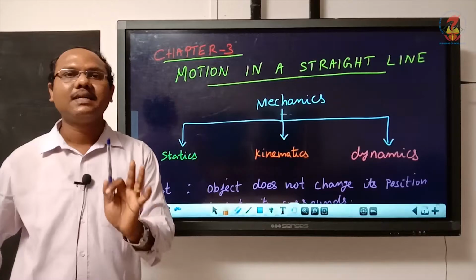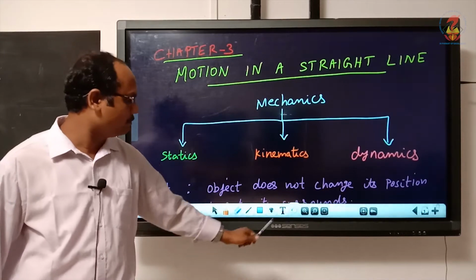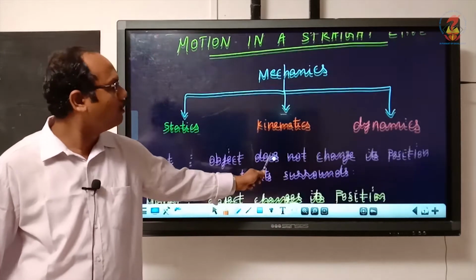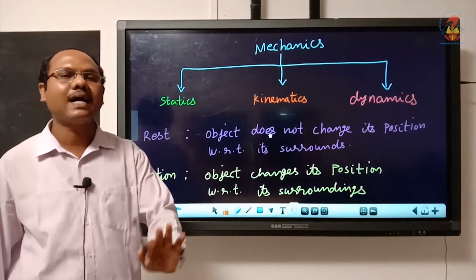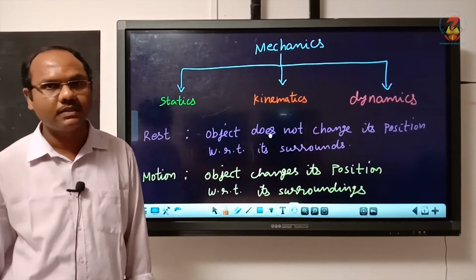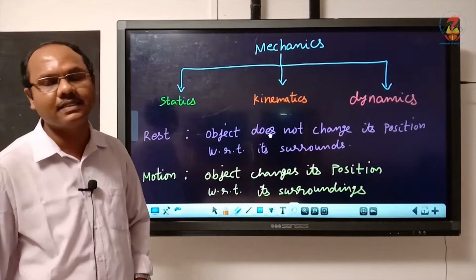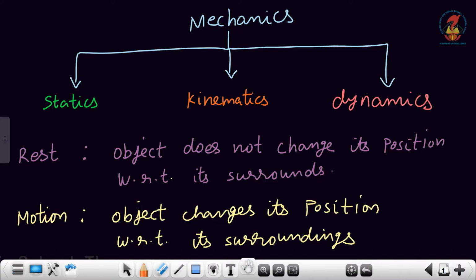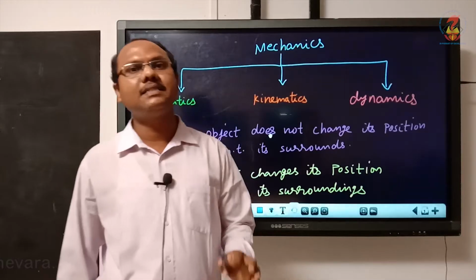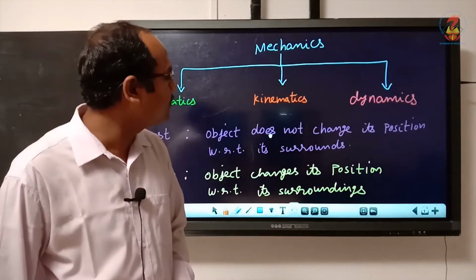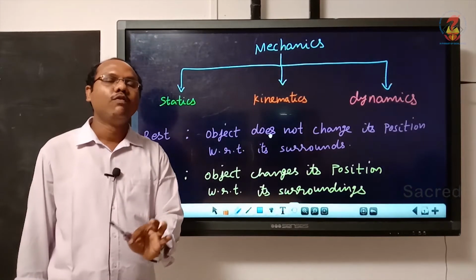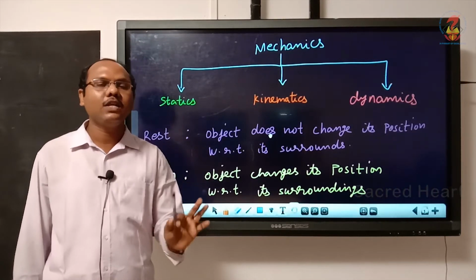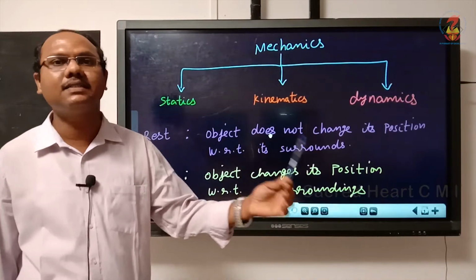Statics is the branch of physics which deals with the study of objects at rest. Now what is kinematics? Kinematics is the branch of physics that deals with the study of objects in motion without taking into consideration the factors that cause the motion.